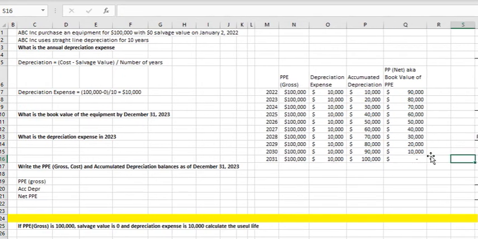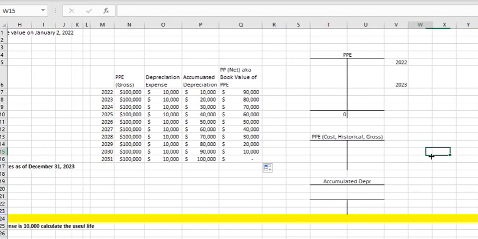Now let's take a look at how we are going to record these transactions actually. So PP&E is going to be 100,000 when we purchase it. Let's do this: PP&E historical cost 100,000. By the time we record this entry, this is a debit entry.